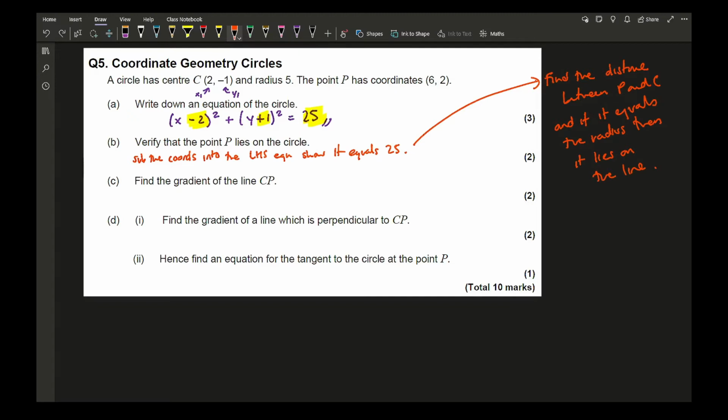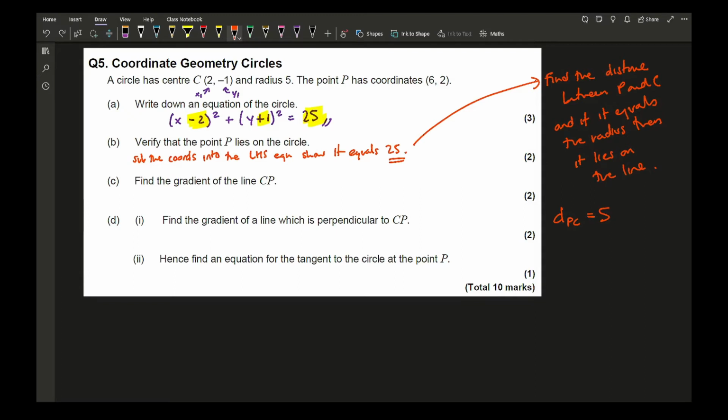So if you were to substitute it in, you should get the answer of 25, or that the distance of P to C, or CP, is equal to root 25, or 5. So again, either of those 2 would be absolutely fine.